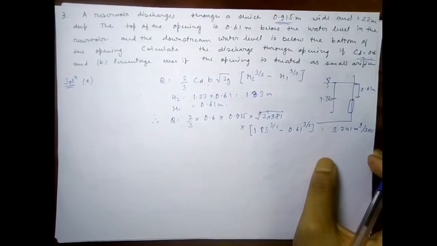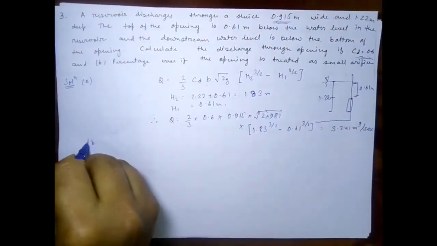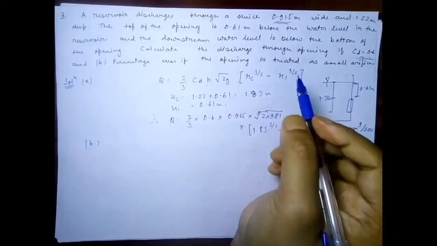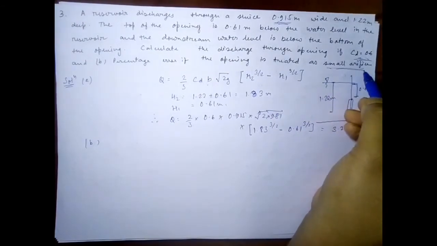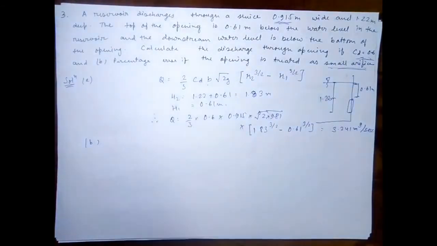Okay, next is part B. Now if we consider this as a small orifice, we are asked what shall be the error in this case.